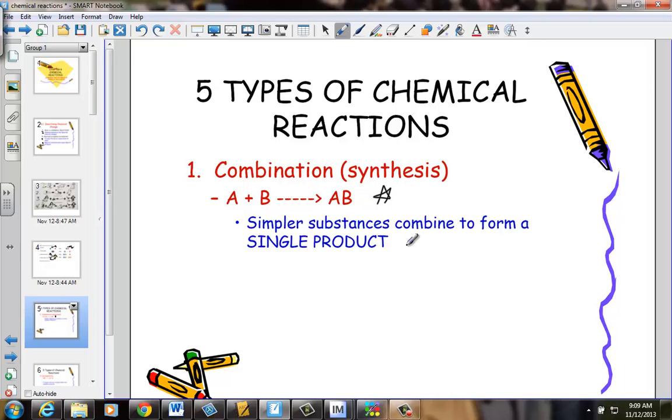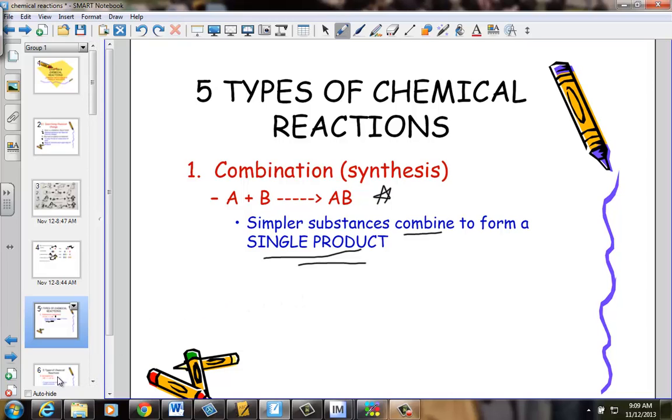The pattern of change in words, simpler substances combining to form a single product. The single product is what makes the combination reaction unique from any of the 5 patterns. 2 reactants combining to a larger compound, AB. The first of our 5 general patterns is called a combination.